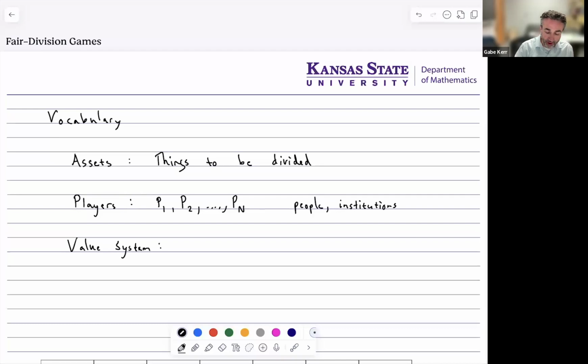So for each player, there is an assignment of asset values.